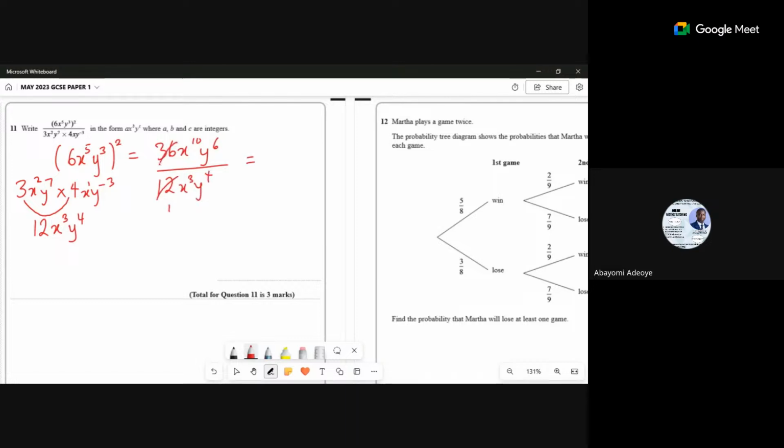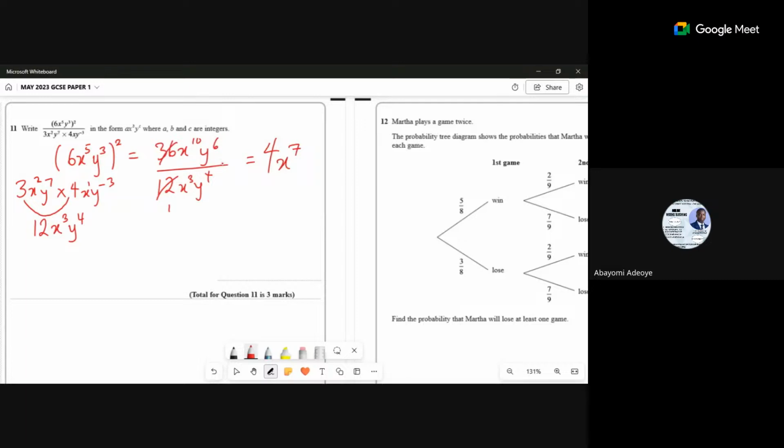So what's the final answer? 36 over 12 is 3. Then x to the power 10 divided by x to the power 3. That's x to the power what? You subtract, so it's 7. Then y?